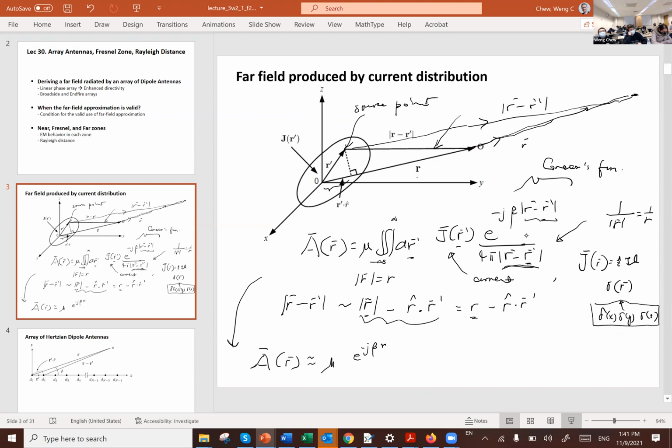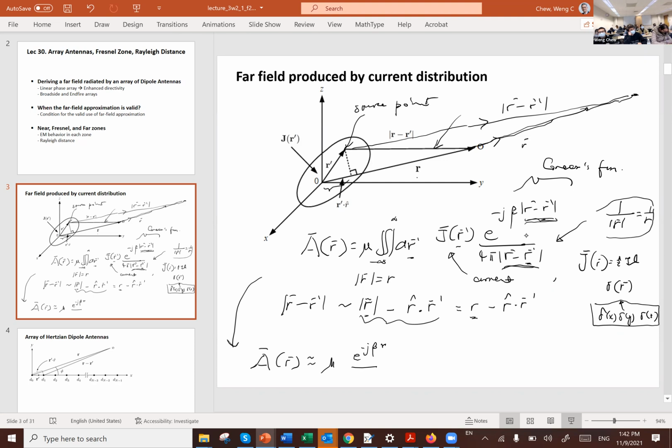Okay, so I don't take great care in approximating the denominator for good reason, but I take great care in approximating the term in the exponent as two terms. The reason being that if you make r much, much larger than r prime, this actually is a very good approximation.